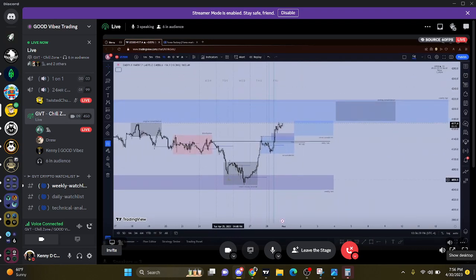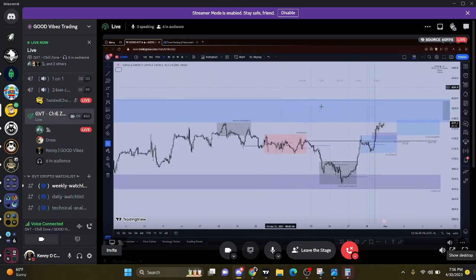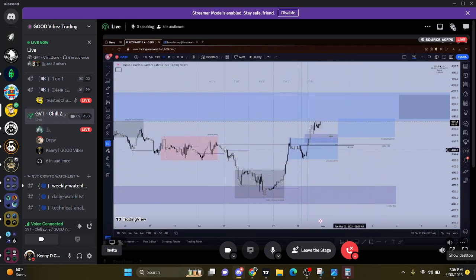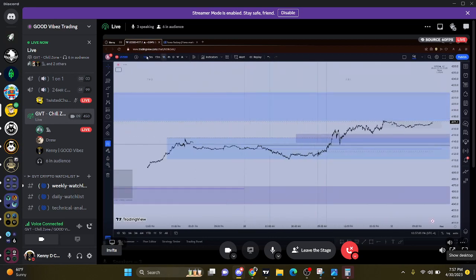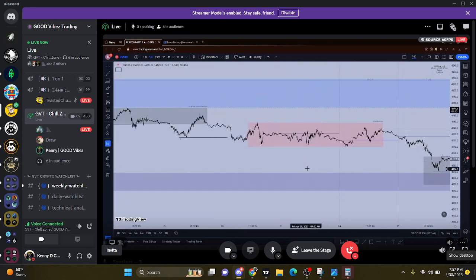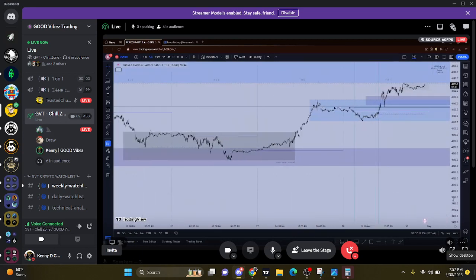So this is a Wednesday low of week market profile. That's what I do. I'm intraday trading with applications of the weekly bias and catching moves on the 1 minute and the 5 minute.